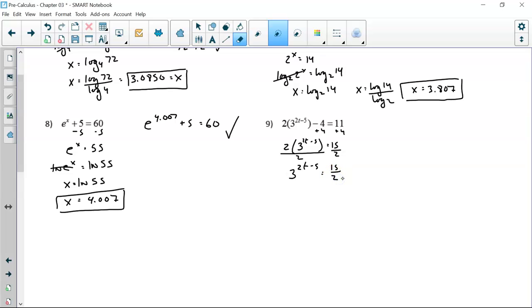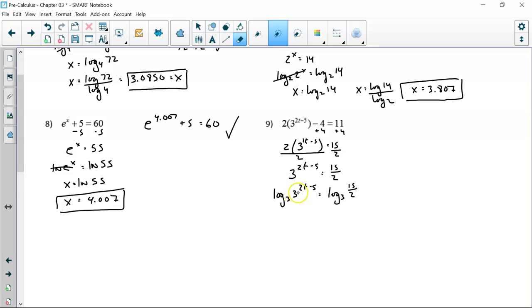It's okay to have a fraction. Now we want to undo the exponential. We're going to use log base 3 because 3 is the base of our exponential. Log base 3 of both sides. Log base 3 of 3 raised to the 2t minus 5 equals the log base 3 of 15 halves.